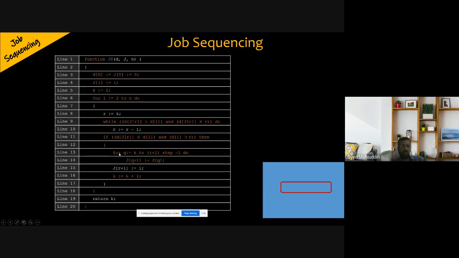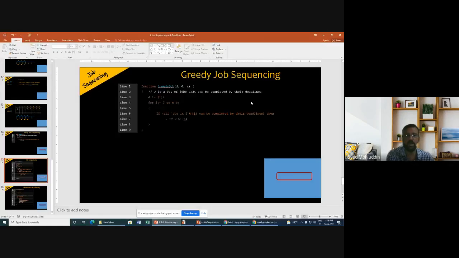For and for is nested. So this will run for n times, this will run for n times. So ultimately the complexity of solving this is O of n square in the worst case. That is the worst case time complexity of this job sequencing with deadline algorithm.